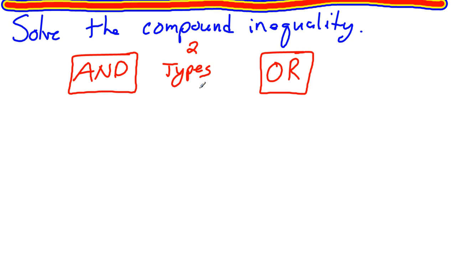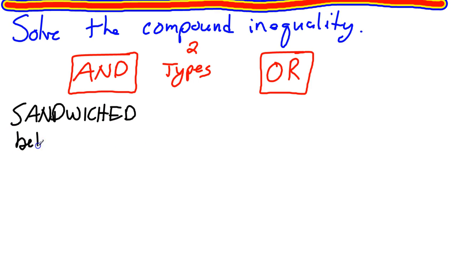And for this part, they'll introduce it a little bit here with what we've got in Chapter 9. We'll come back later and add a little bit more to it. But generally speaking, if you have an and statement, usually those answers are going to be sandwiched between two numbers. Now, there are always exceptions to the rules where sometimes you get a weird inequality where it's not quite sandwiched between two numbers.